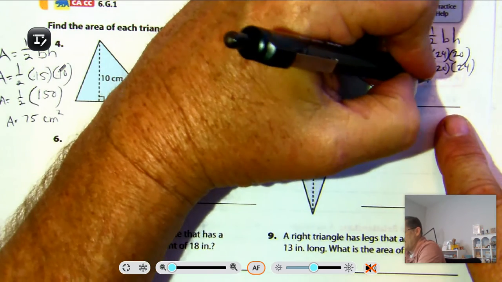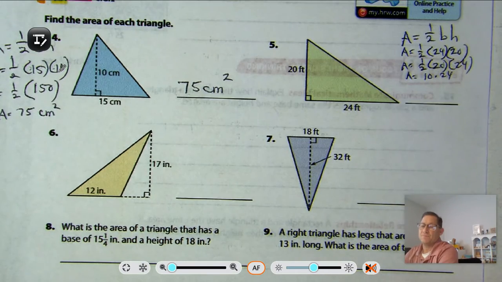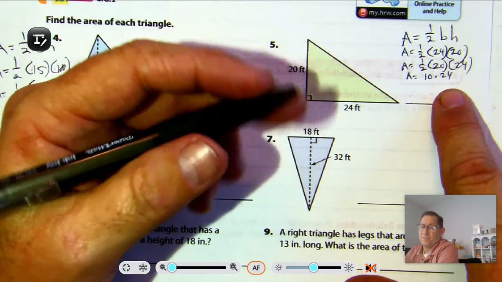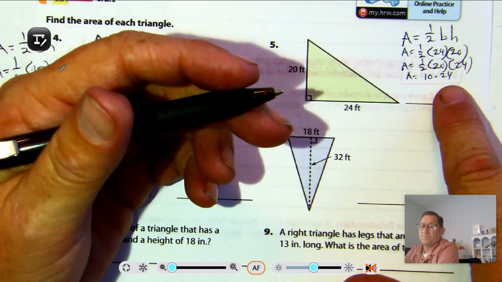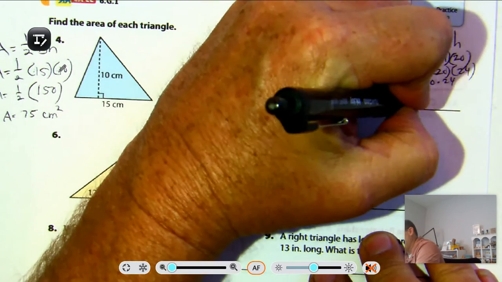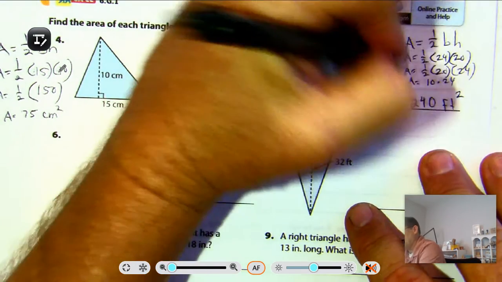Half of 20 is 10, so 10 times 24. Now it might make more sense as to why I did that. Anything times 10 is really easy. All we basically do is put a 0 on the end. 24 tens is 240 feet squared.